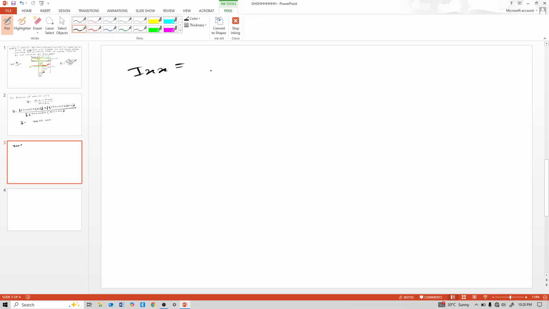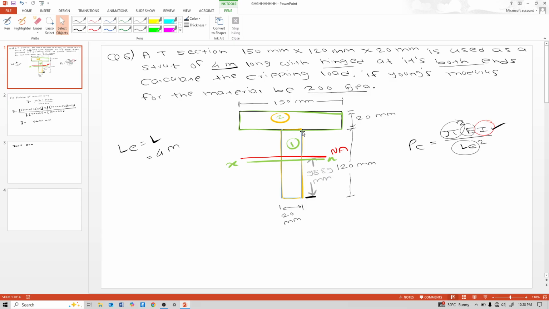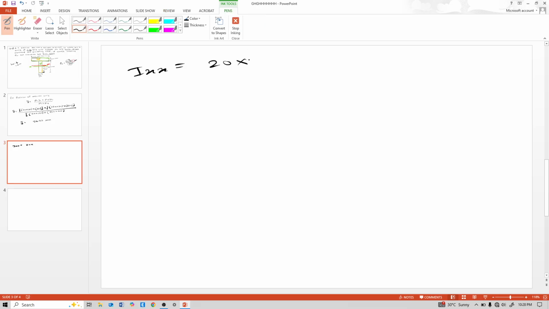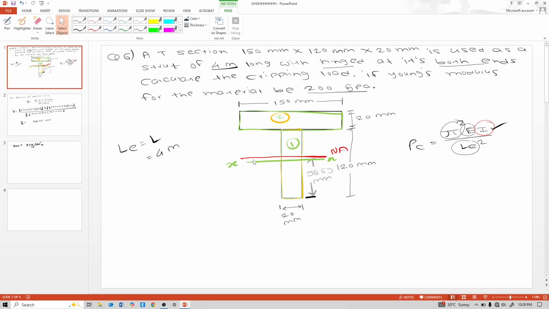So write 20 multiplied by the height of this web, which is 120, so 120 cube divided by 12, because it is a rectangle, plus, why plus? Because this neutral axis is away from the original axis, the web portion axis, so that's why plus the area of that web portion, 20 into 120.